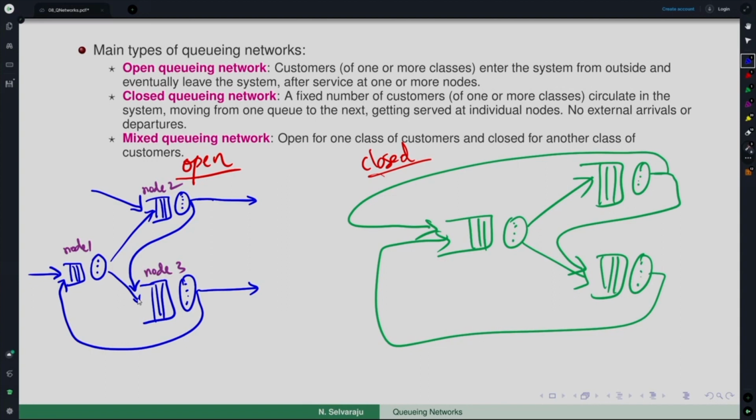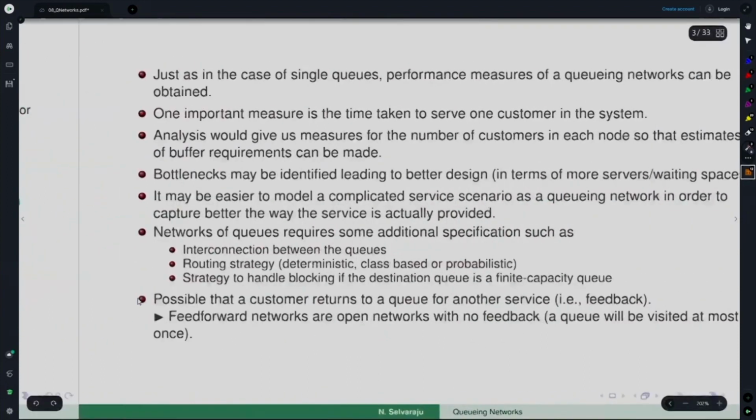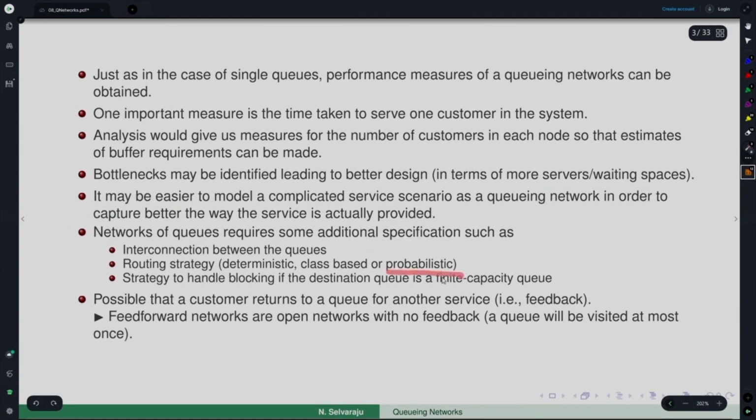So if it is a probabilistic way of routing, then the nature of these probabilities has to be specified. This defines the routing strategies. It could be either deterministic, or class based, or probabilistic.